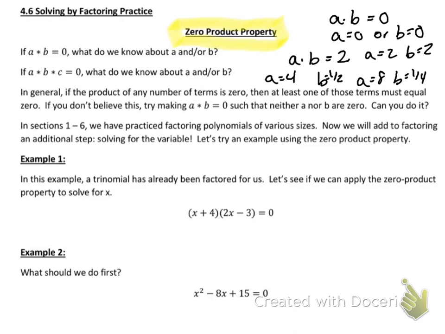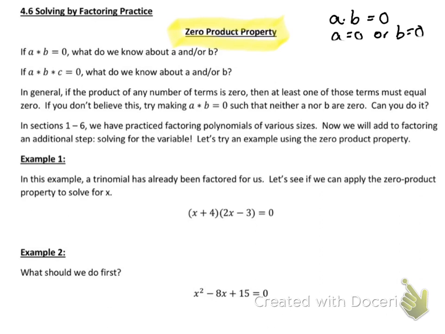In fact, there's an infinite number of numbers that satisfy the equation a times b equals 2. So 0 is unique in this sense, okay? It's the only number that has this property.